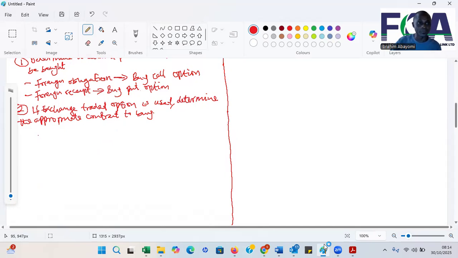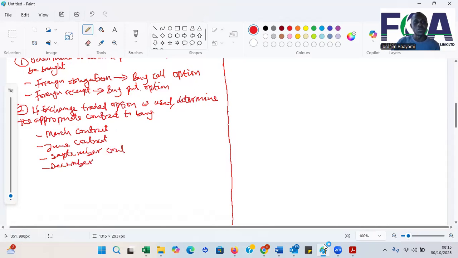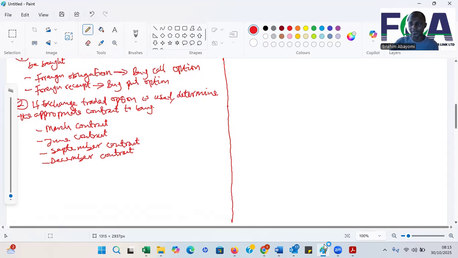The March contract, June contract, September contract, and the December contract. What that means is that option contracts, just like futures, expire every 3 months.